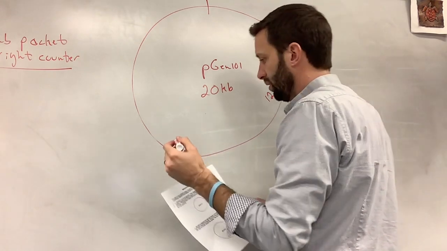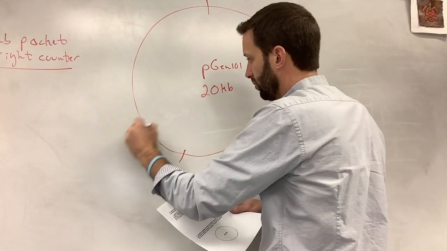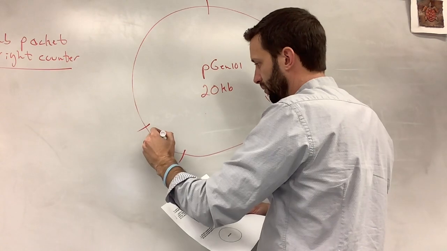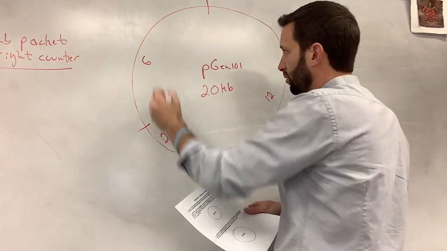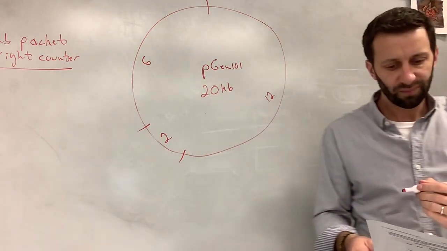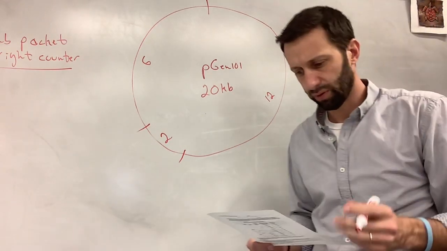And then what are the other 2 sequences? 2 kilobase pairs and 6. We don't really know: 2 could be down here, 2 could be up here, 6 could be switched back and forth. It really doesn't matter since we don't know more than that. So 12, 2, and 6. Does that make sense? So we've just cut it up into 3 different segments. That's really all the information we have so far.